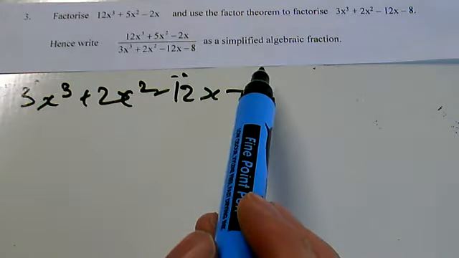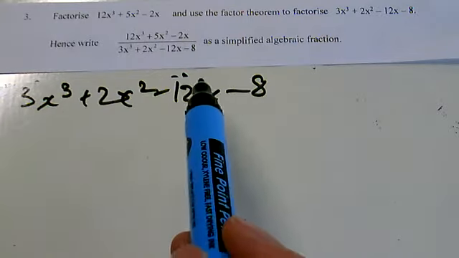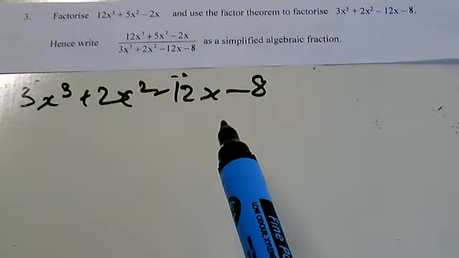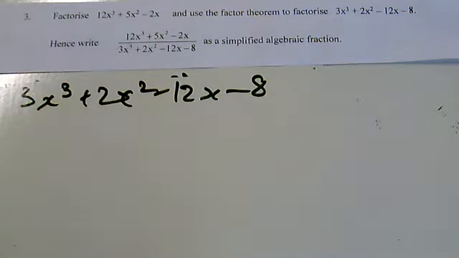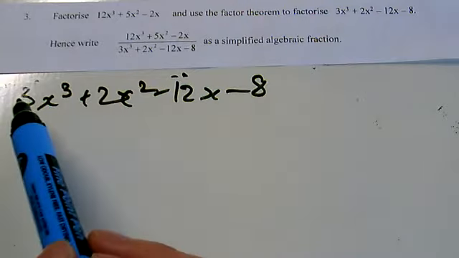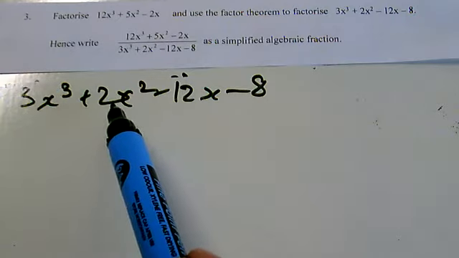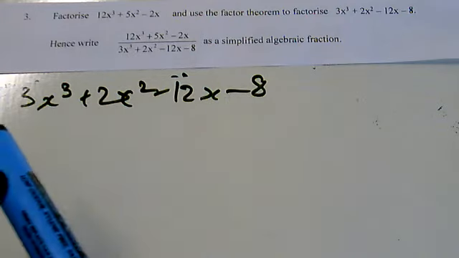Now, because of what's at the end here, I know it's a cubic, and I know 3 numbers had to multiply together to make minus 8. So prime targets would be plus or minus 1, 2, 4 or 8. I'm going to go for 1 first on the hope that that works. So if it was 1, that would give me 3 plus 2 is 5, minus 12, minus 7, minus 8. That doesn't work. Let's go for 2.